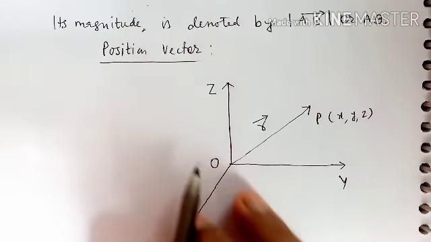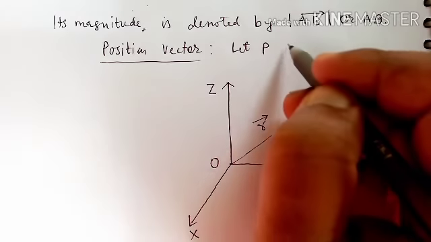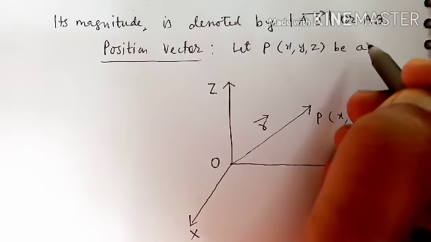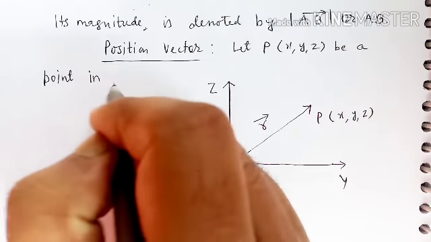Now position vector. Let P(x, y, z) be a point in a space.